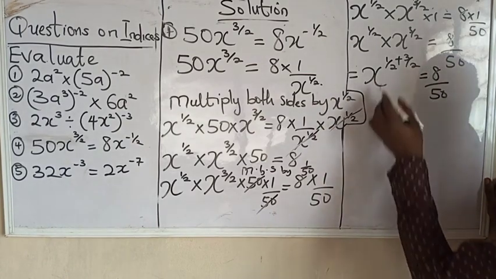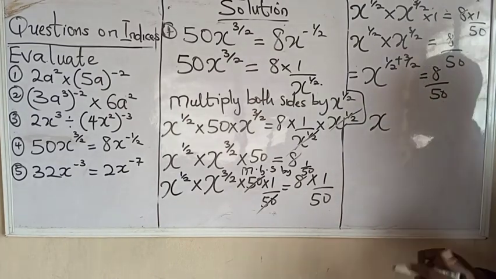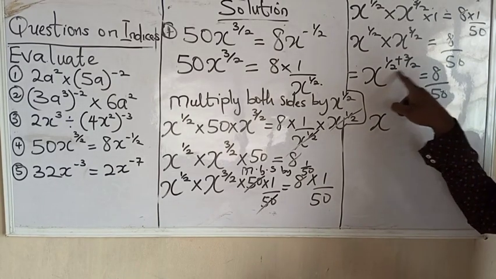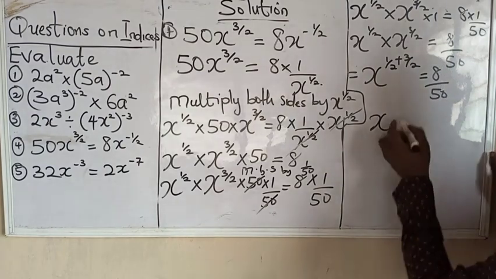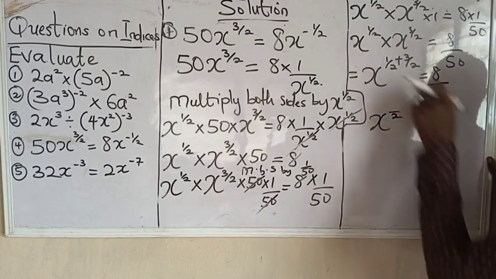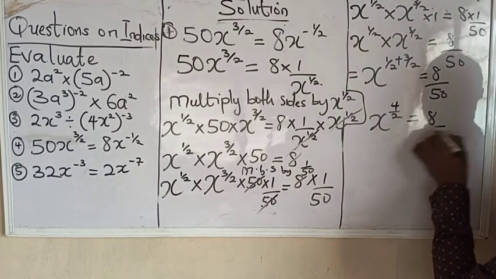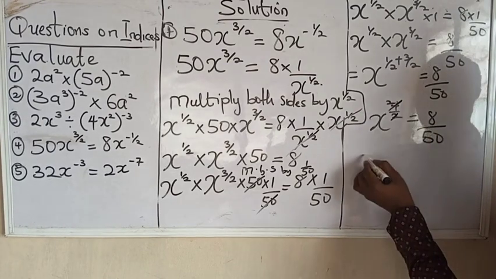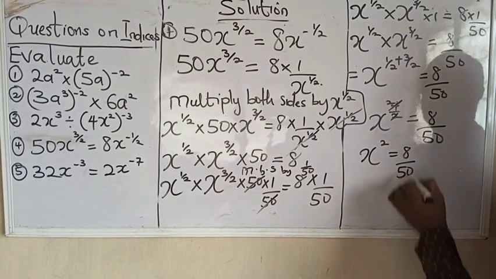Please take note: when you are finding the LCM and you notice that the denominators are the same, there is no need to look for the LCM. Automatically the denominator here is going to be 2. Then I will just say 1 plus 3, that is 4, equals 8 over 50. And it can also be divided, so it's going to be x raised to power 2 equals 8 over 50.